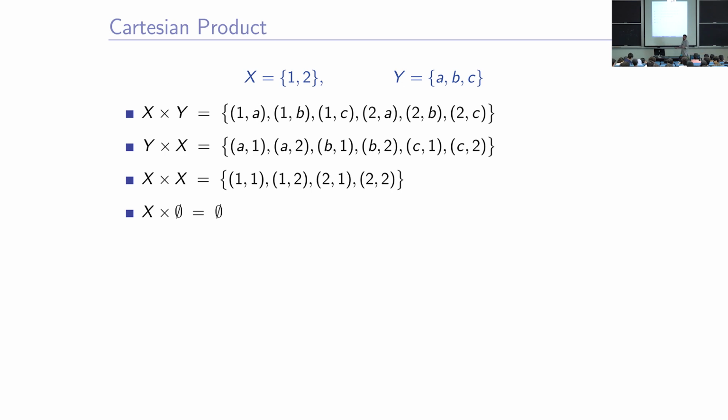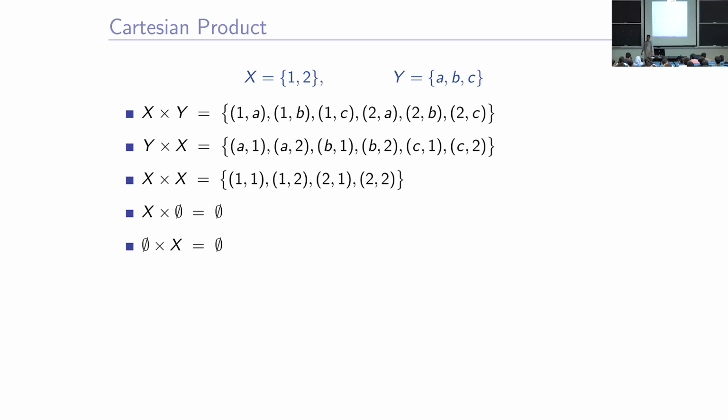You don't get any pairs. Empty set cross x. You take all elements of x, write them as a second coordinate, and as the first coordinate you write elements of the empty set. How many pairs will you get? Nothing, right? You will not get any pair, you will get 0, so it will be an empty set.